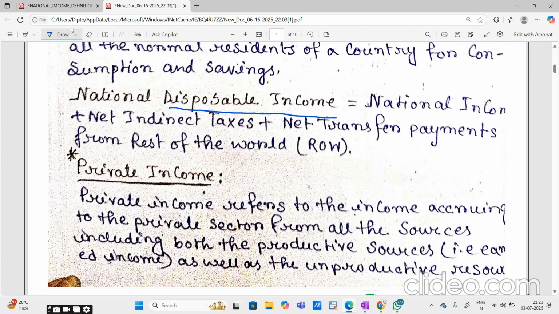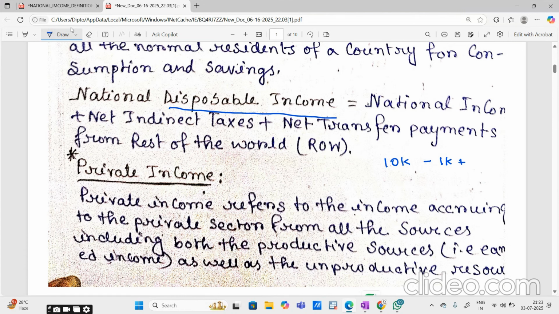Suppose your income is 10,000 rupees. I am just giving a very simple example. You have to give 1k as tax to the government, and somehow you are getting some transfer payment from some of your friends, your teacher, or some helping hand. Okay, so that is your transfer payment.